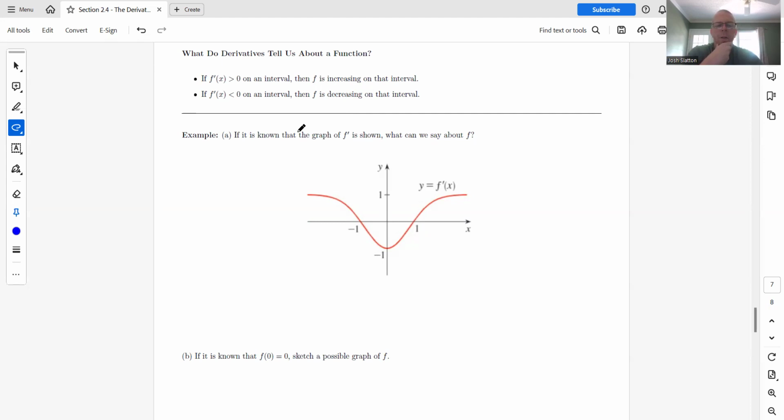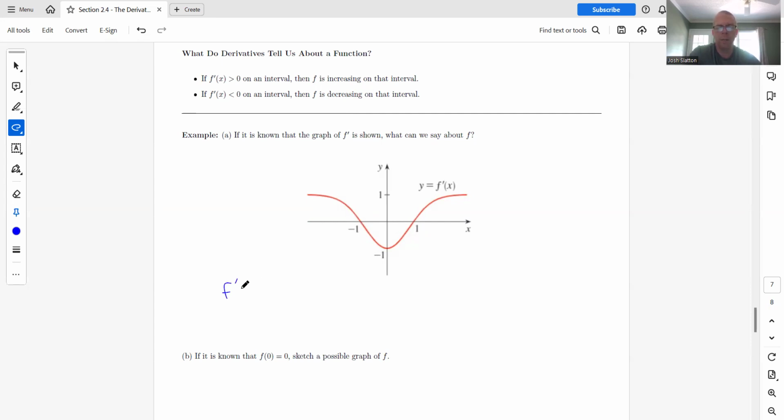So if it's known that the graph of f prime is shown, so this is the graph of the derivative, what can we say about the function? What we can say here is the derivative is positive from negative infinity to -1.